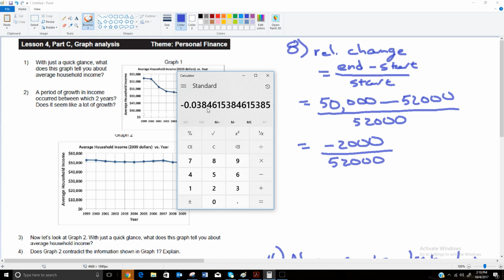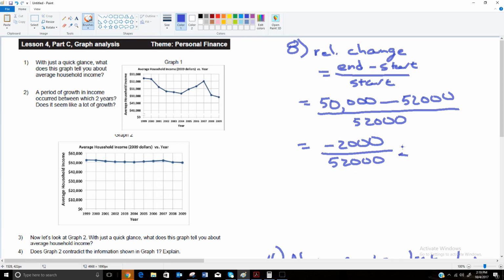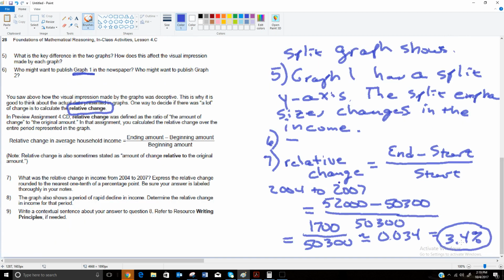So I'm going to not round this 8 up, and I'm going to write it as negative 0.038. So this is approximately negative 0.038, or a drop of 3.8%, roughly. So that was more of a drop than we had of an increase over here of only 3.4.